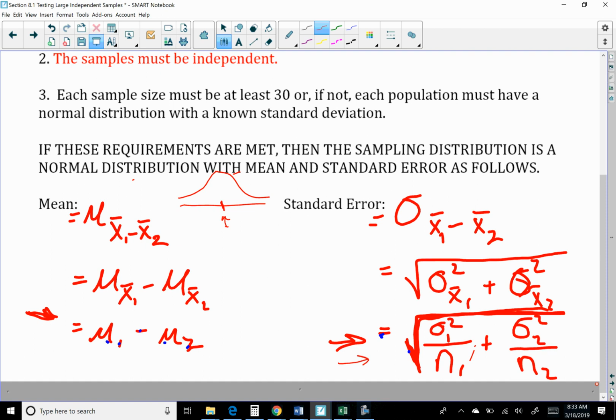So this sampling distribution would have this mean, this is all notation, and then it would have a standard deviation or standard error. It would be somewhere out here, right?